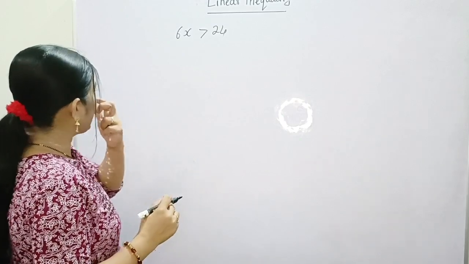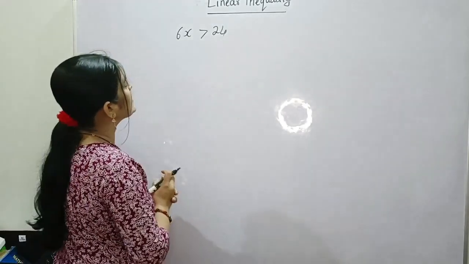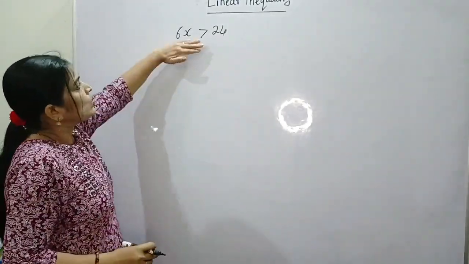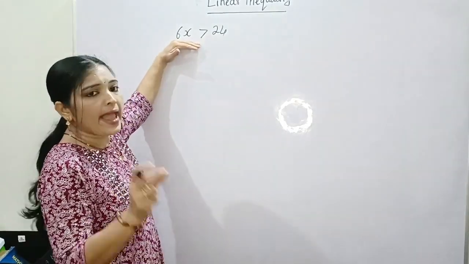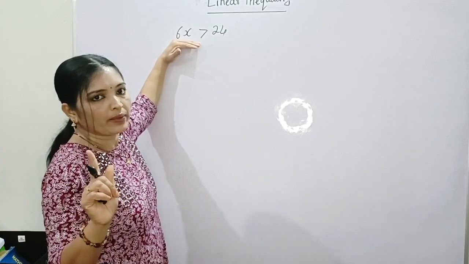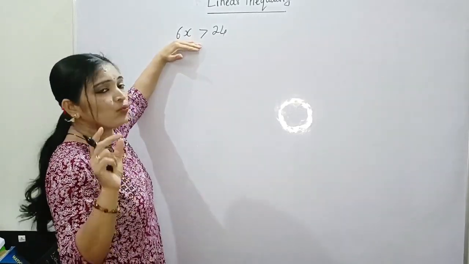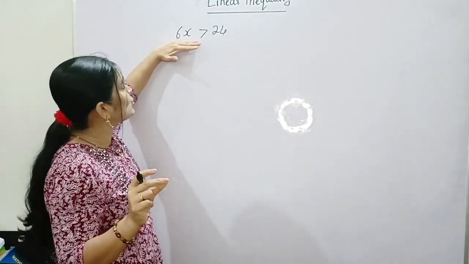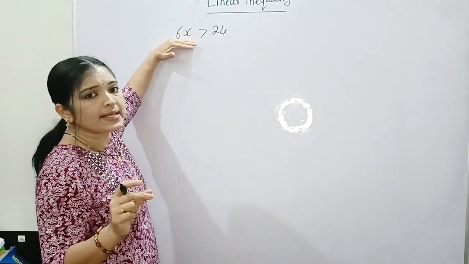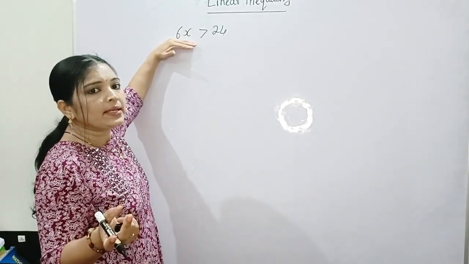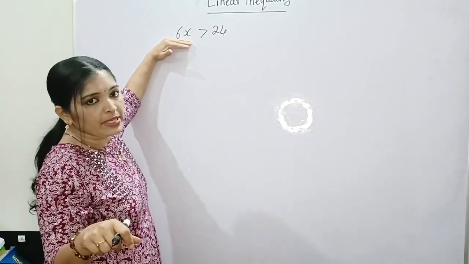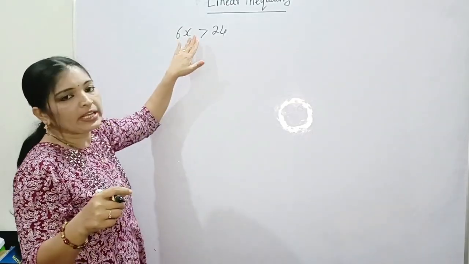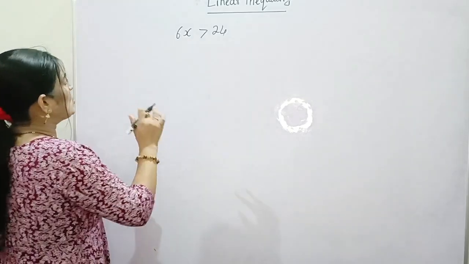Now let us see. On the left side we have 6x. To find the range of x, we have to make x have coefficient 1. To do that, we have to cancel this 6. How to cancel? We can multiply by 1 by 6, or divide by 6, so that we will get x here.